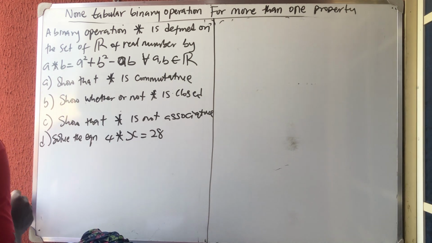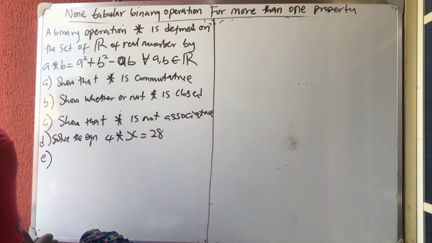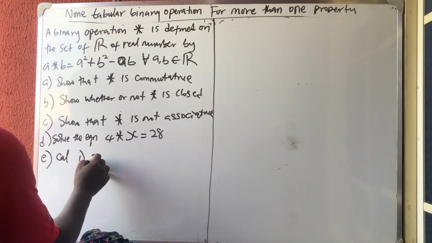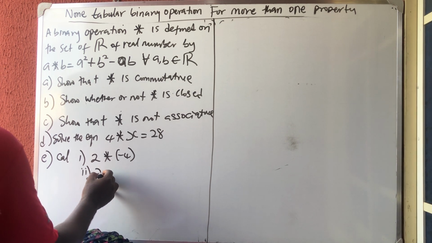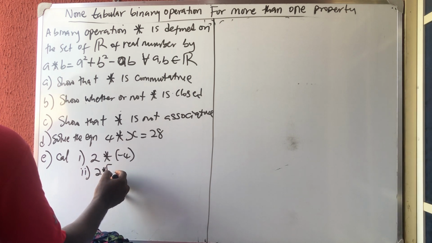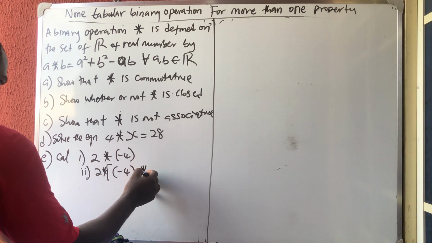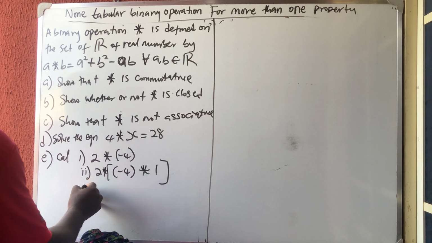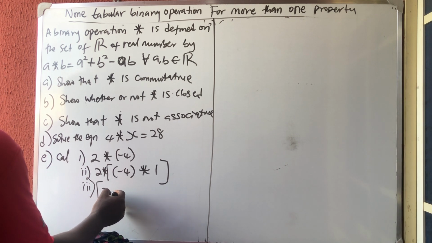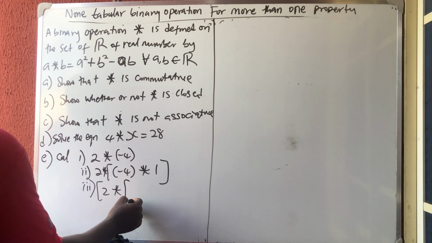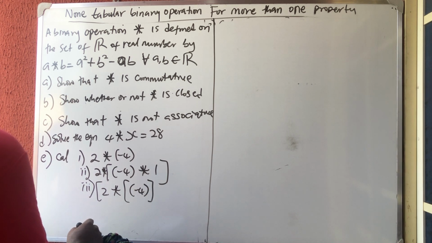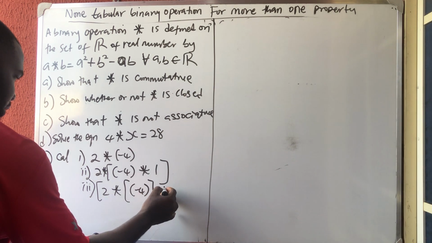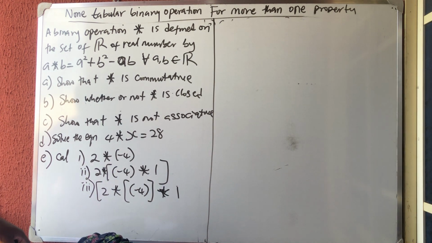Then E, calculate 2 star in bracket of minus 4 star 1.